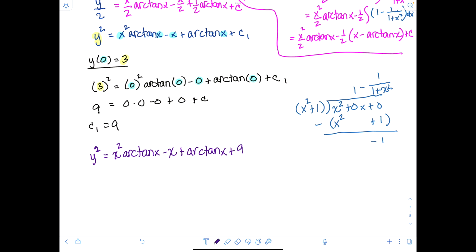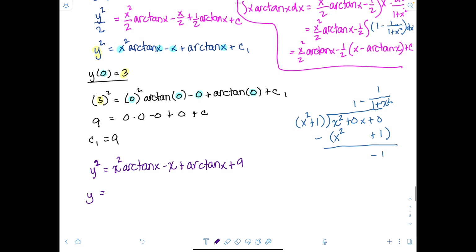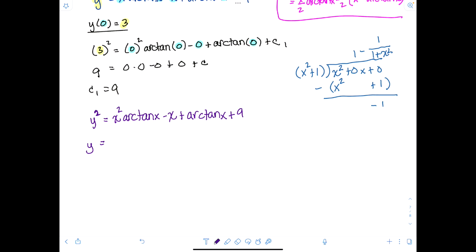And then isolating y, square rooting both sides. We're going to choose the positive root because y had a positive value when we applied our initial condition. And so we get the square root of all this. And I'll put it back in the other notation. And we're all done.